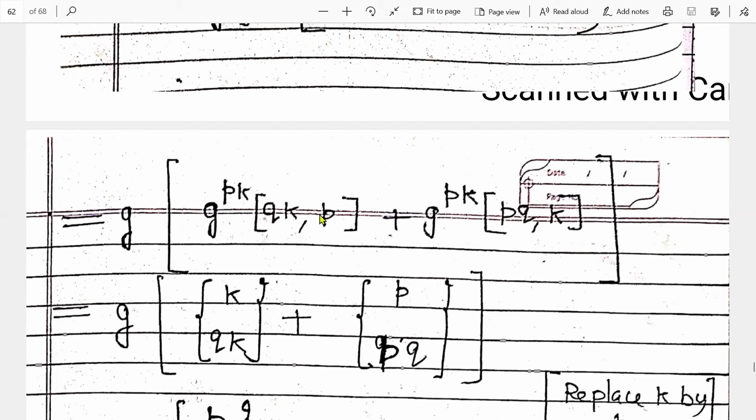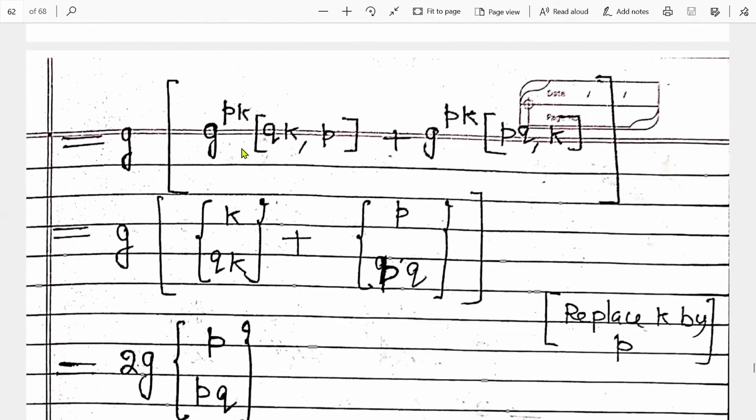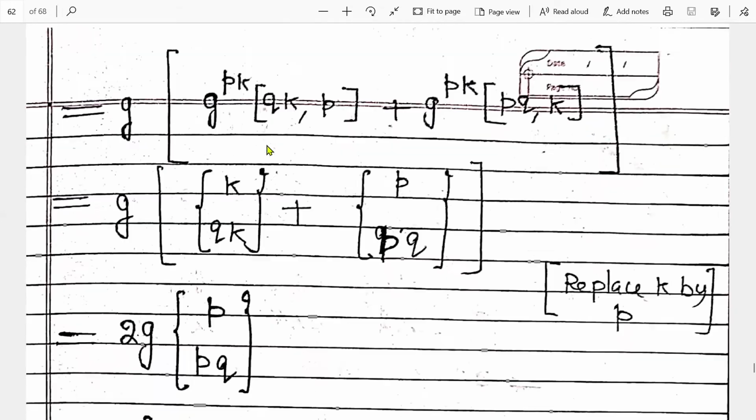In this case, pk and p, common part is p. So remaining is k. So right here k, and this is the same as in this case. Here again, from this pk and k, common part is k. So here we write p, and this is written same as here. Clear? So this is basically the definition, but that is the way to remember the result.